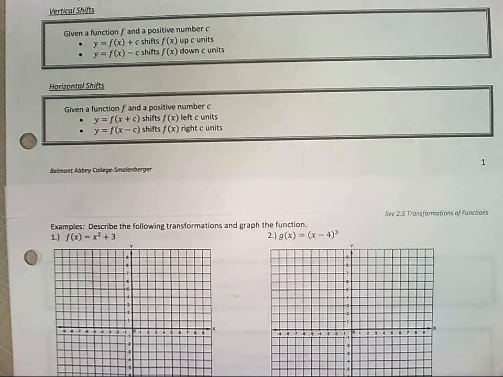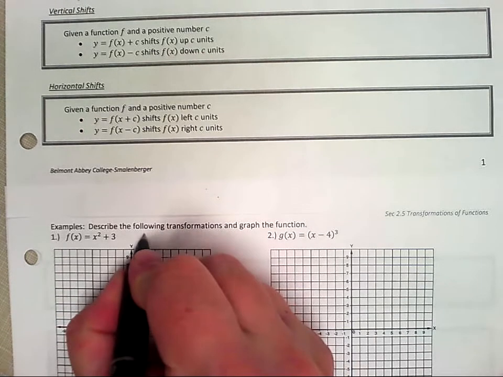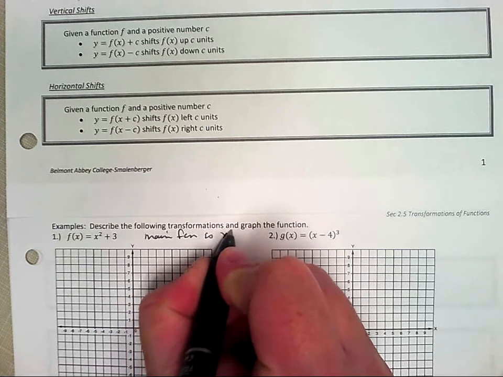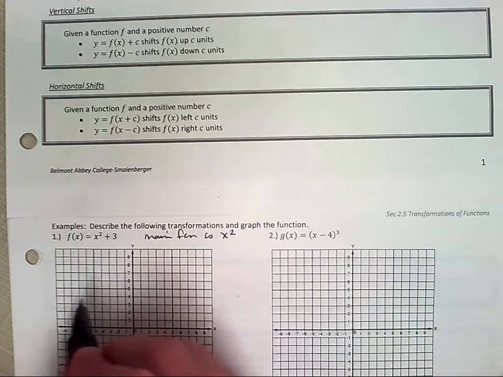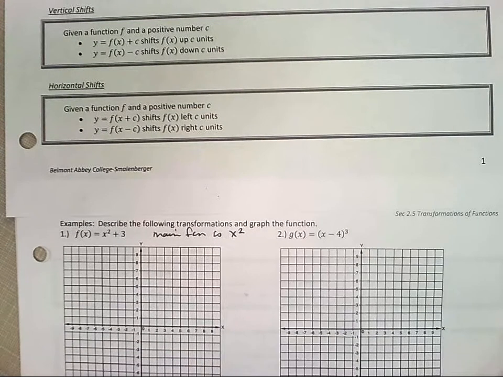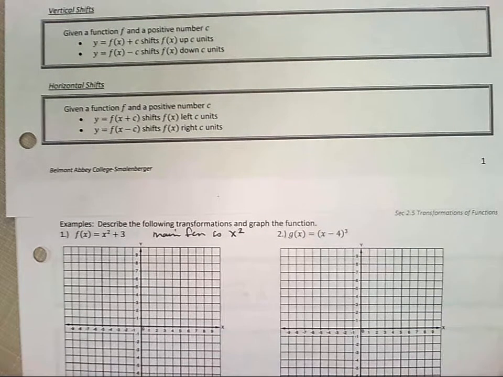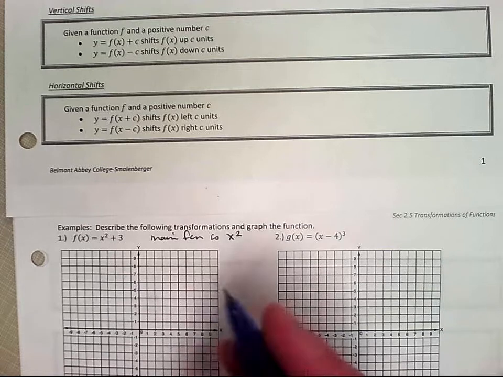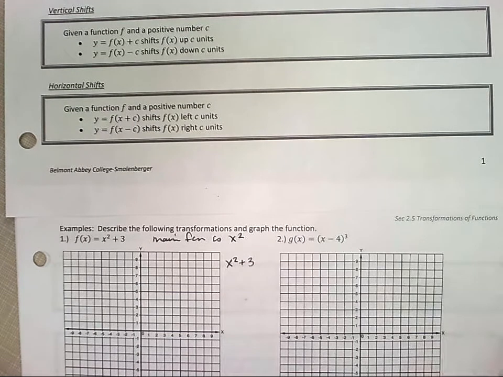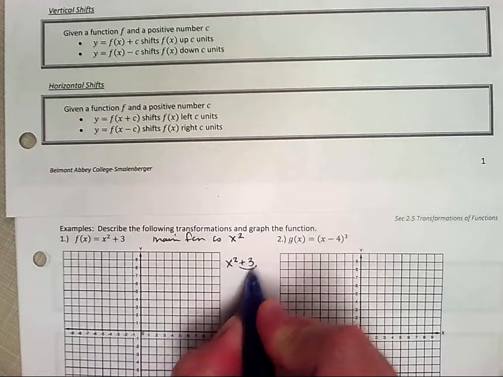What do you guys think? Sometimes this is a little bit hard to see for people. So my main function is x squared. Because I'm adding 3 on the outside of x squared, I'm shifting it up 3 units. So x squared plus 3, this is up 3 units.